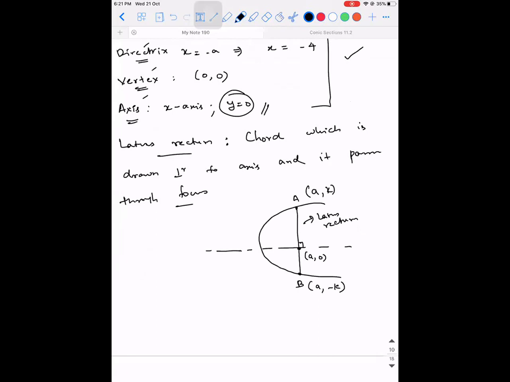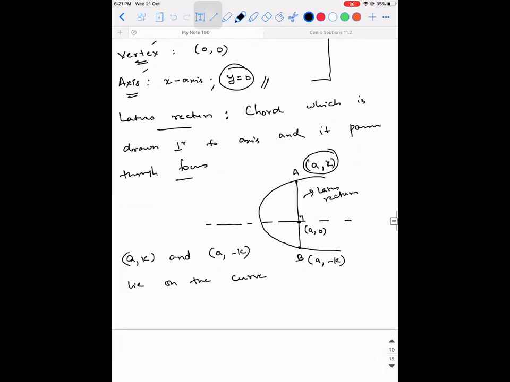Right? So if you observe, a comma k and a comma minus k lie on the curve. Since they are lying on the curve y square is equal to 4ax, when you substitute them, what will happen?